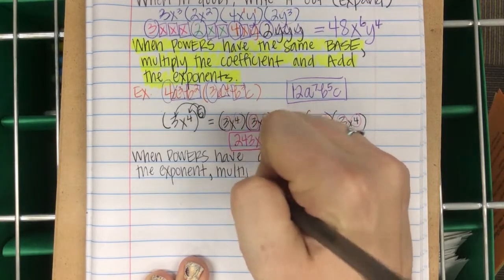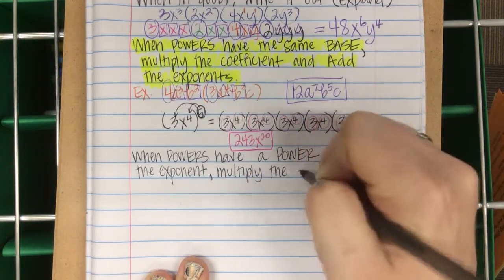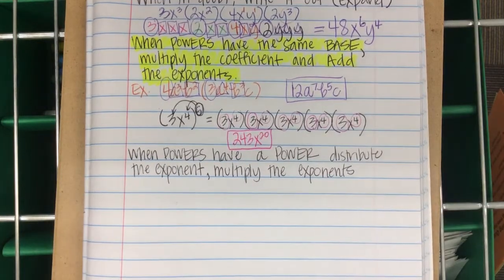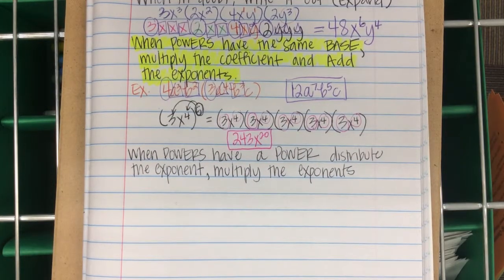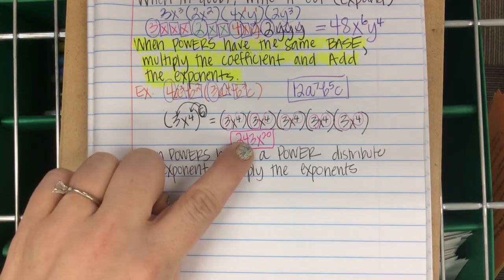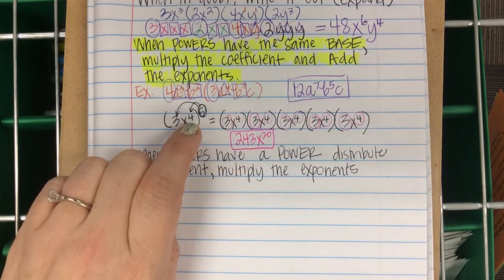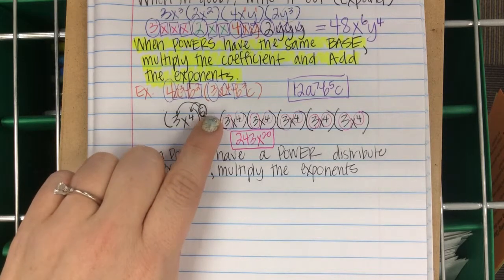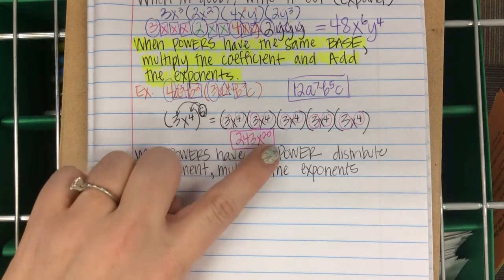You multiply the exponents. So you distribute that exponent, and you multiply the two exponents together. So it's 3 to the 5th. Well, what's 3 to the 5th? 243. And x to the 4th to the 5th, you multiply those. 4 times 5 is 20.